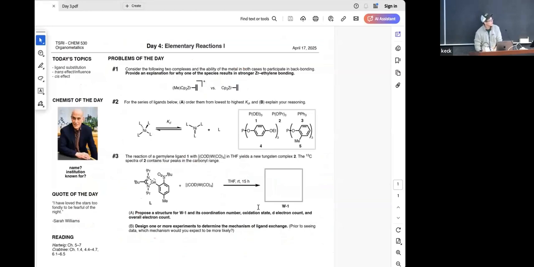We'll do these back to back, so take a minute to think about it. First, 2 related looking structures, zirconium olefin complexes. And I want you to make a prediction about which of those 2, the left or the right, is engaging in stronger metal to ligand bonding.